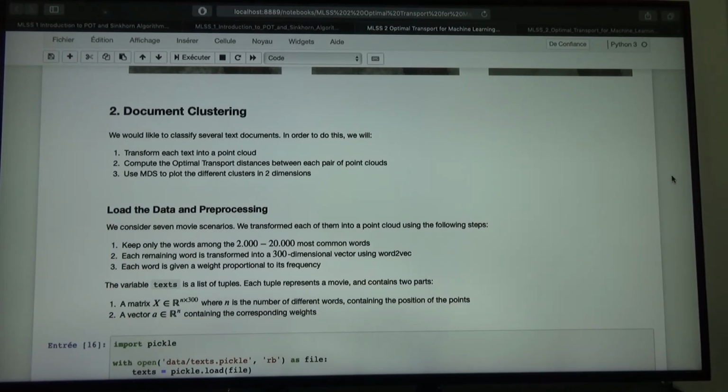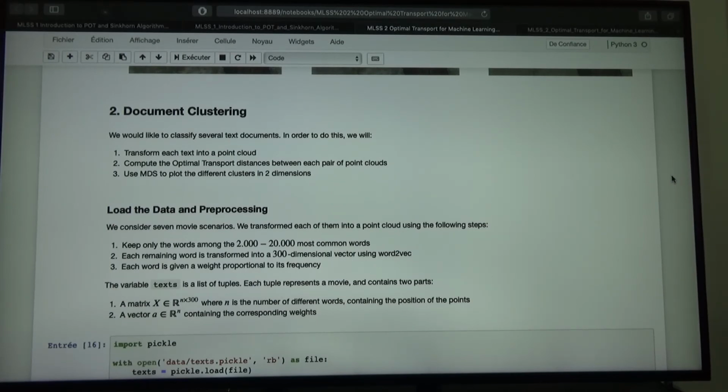Now, it's an unordered list of words, so it's kind of a point cloud, right? So we have to define some weights. We could take uniform weights, but maybe there's something a bit more clever: the weights can be proportional to the frequency of a word.